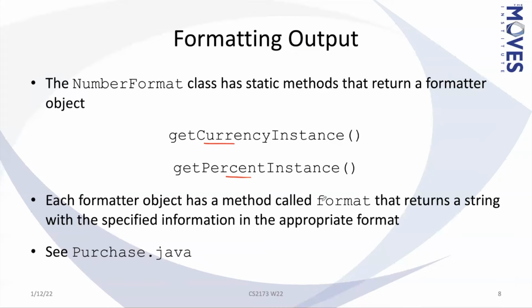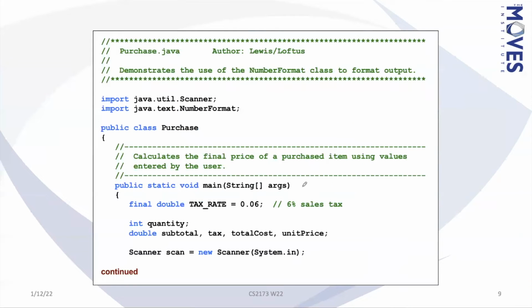Each of them has a method called format, which takes the input as a number and returns a string with the data in the appropriate form. So again, their example.